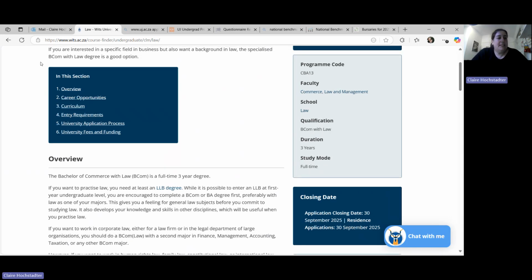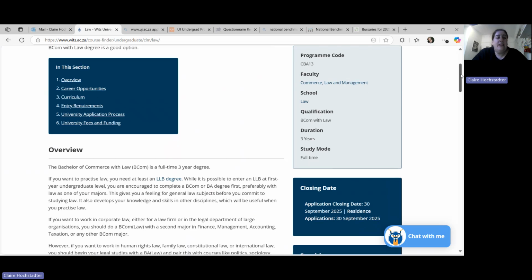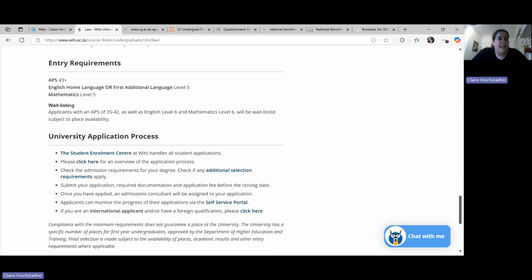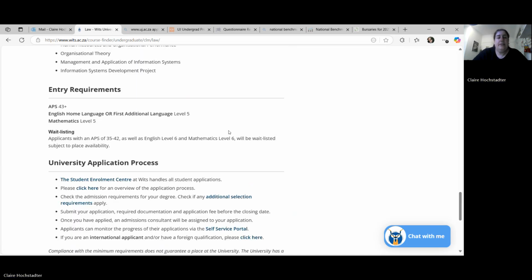But you will see here, it says point number 4 when it comes to entry requirements. You can either click on it or you can scroll down, having read everything else. And you will see that we have entry requirements. So for this particular degree at WITS, it is saying that you need 43 or more points.